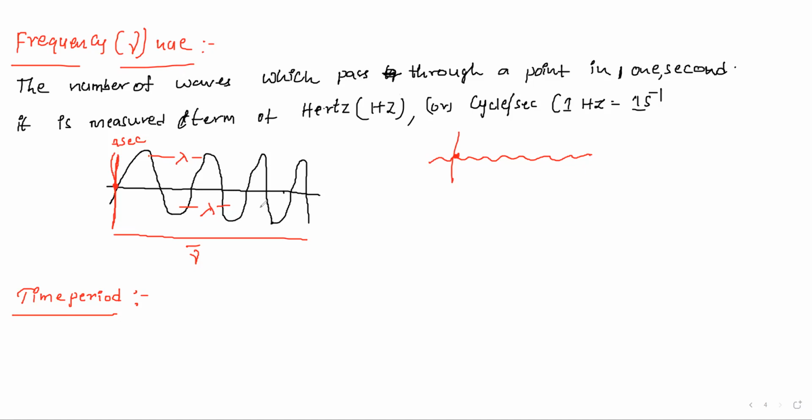Time taken by a wave to pass through one point. అంటే ఒక పాయింట్ నుంచి మనం వేవ్స్ పంపడానికి ఎంత టైమో దాన్ని టైం పీరియడ్ అంటాం.